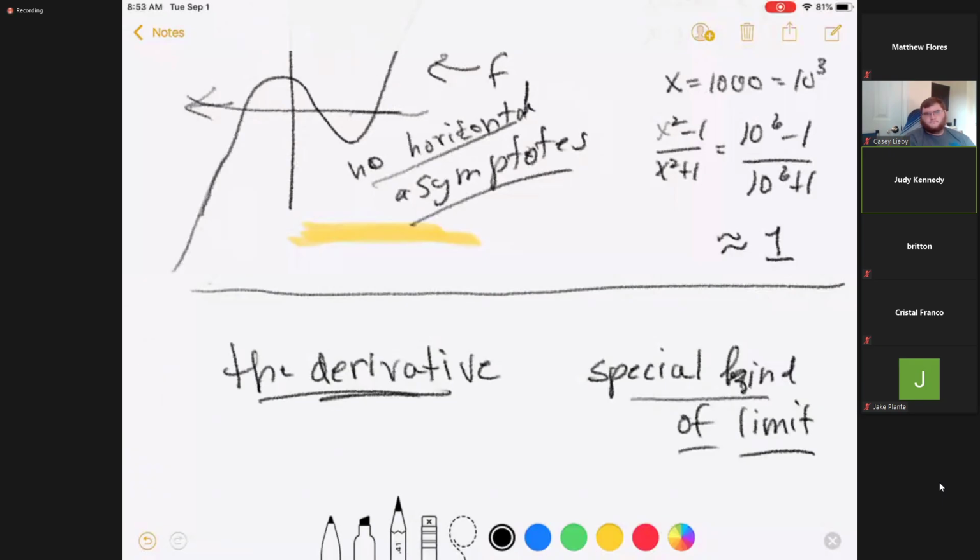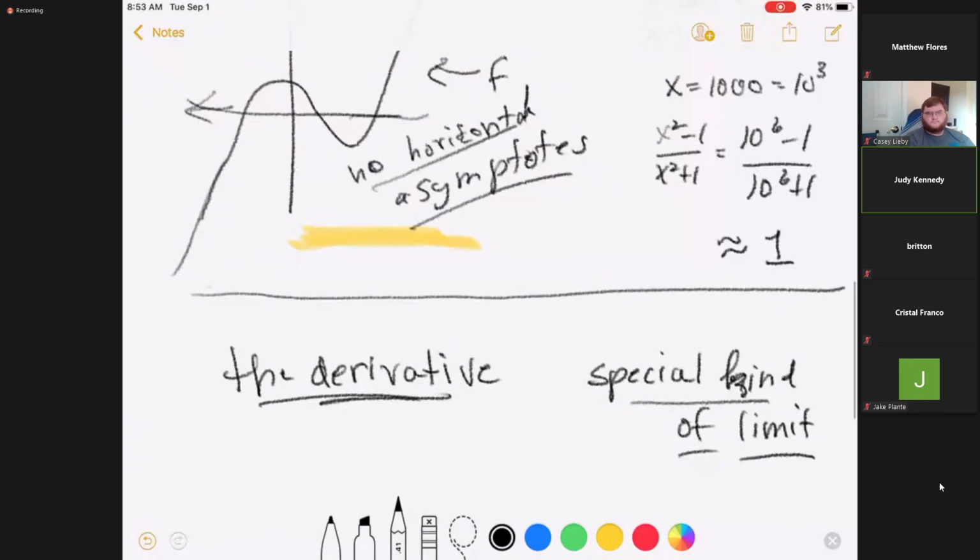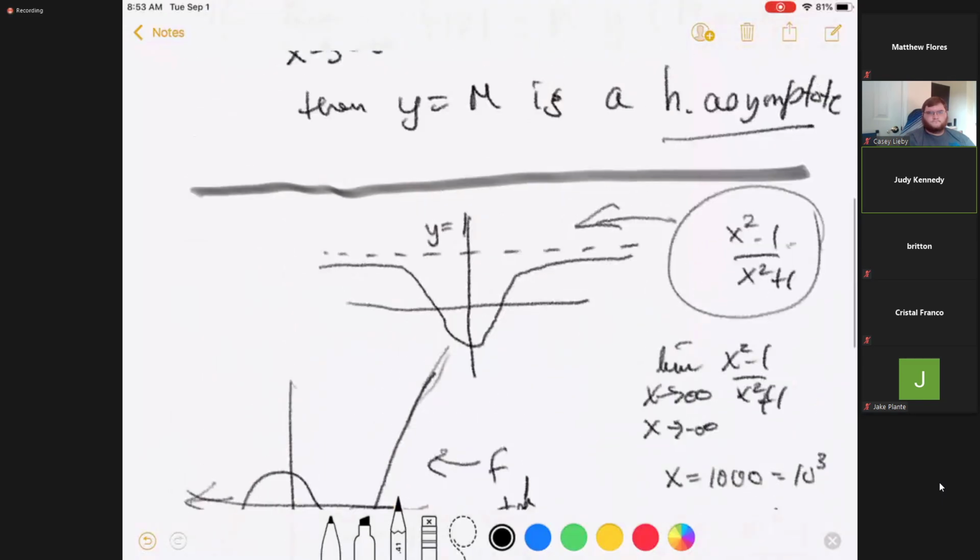Derivatives are limits, integrals are limits, series are limits. Many different limits come up in calculus, and it's one way to think about it. It's how you understand infinity, when you can make sense of it and when you can't. That's what we're learning.